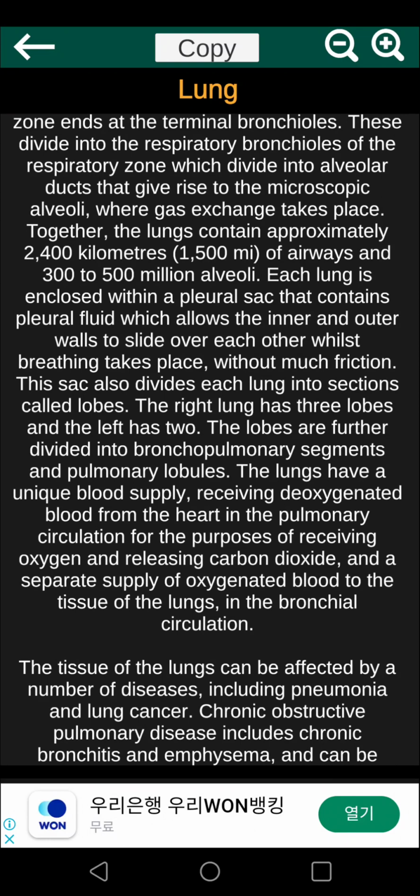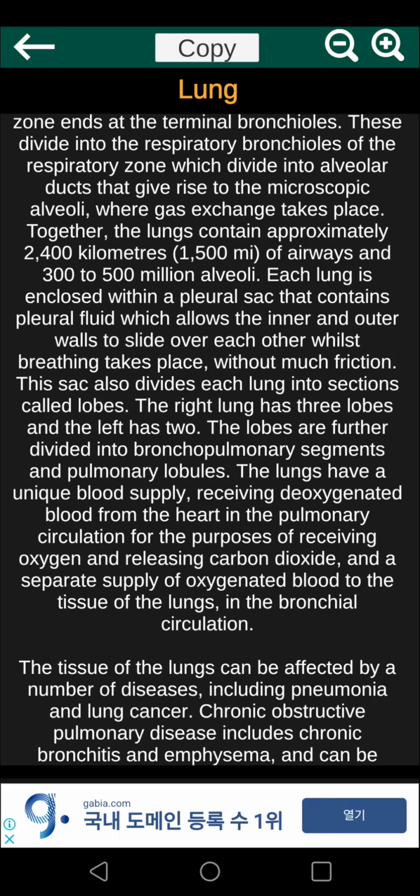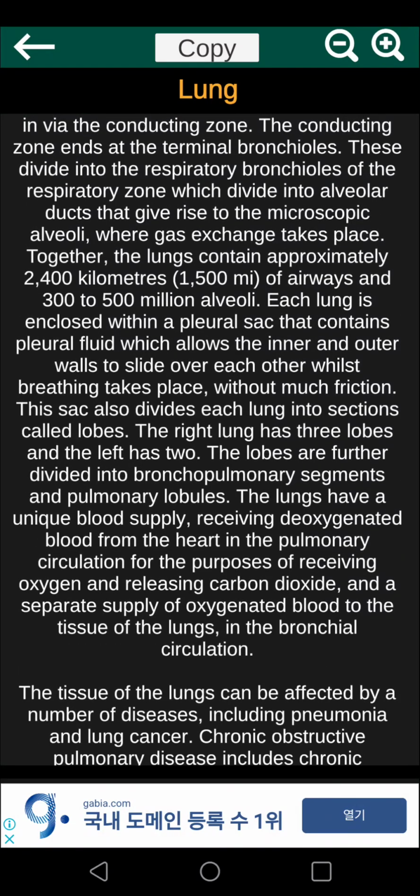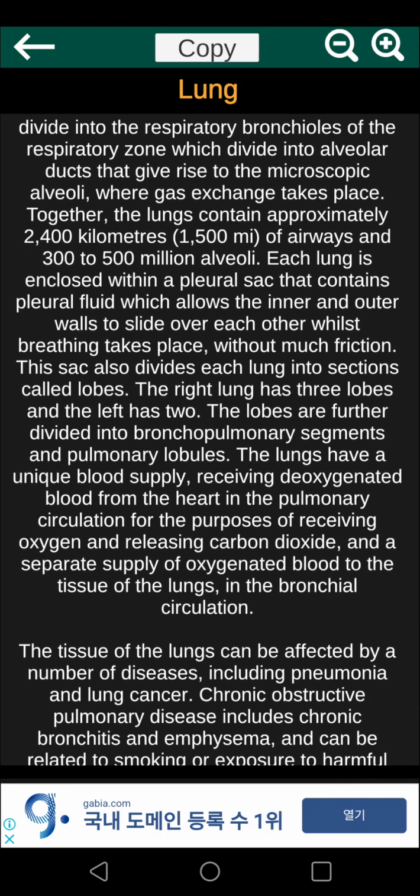The conducting zone ends at the terminal bronchioles. This divides into the respiratory bronchioles of the respiratory zone, which divide into alveolar ducts that give rise to the microscopic alveoli, where gas exchange takes place.